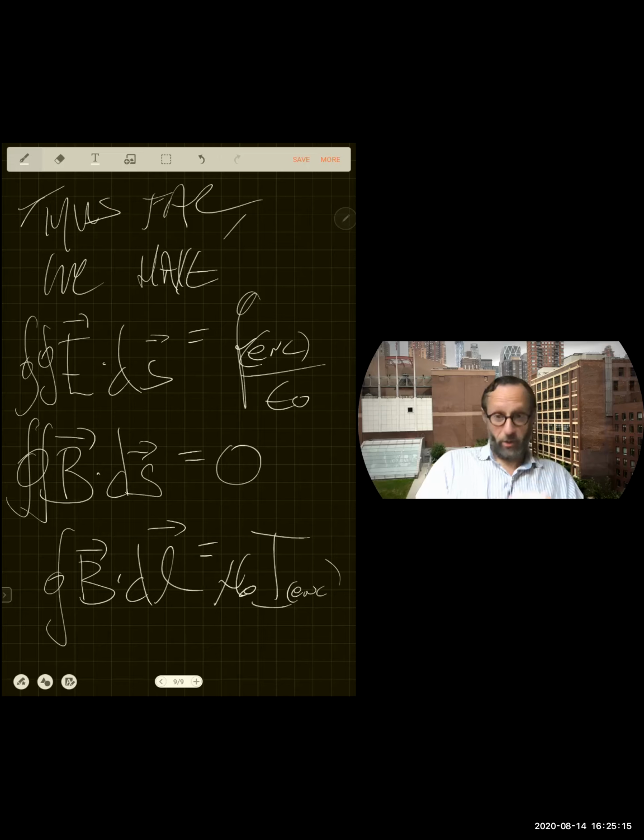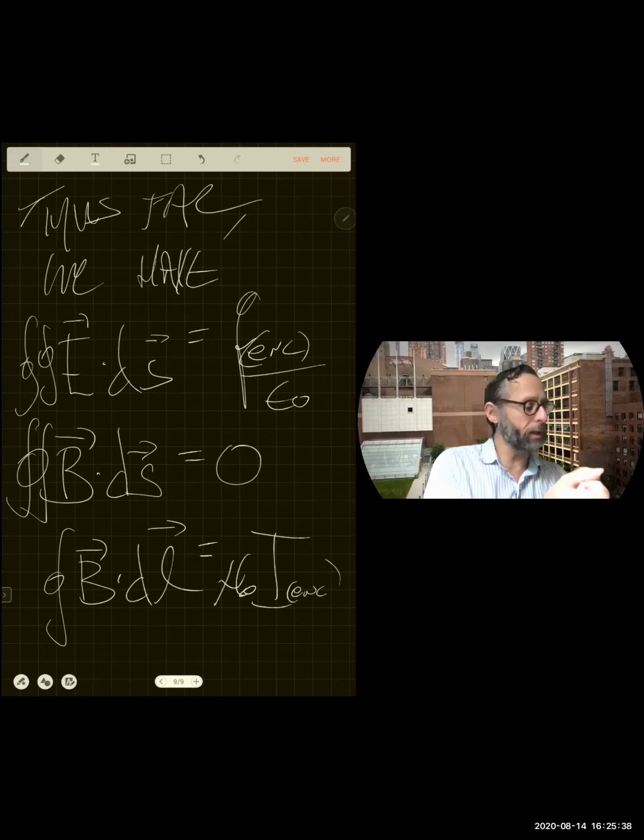Okay, so we have three closed integrals. We have a statement about the electrostatic field and now two statements about the magnetic field, because the first one turned out to be really important and universal, but not computationally helpful. So we have a double integral: all the electric field through some closed area is equal to all the charge within the volume enclosed by that closed area.